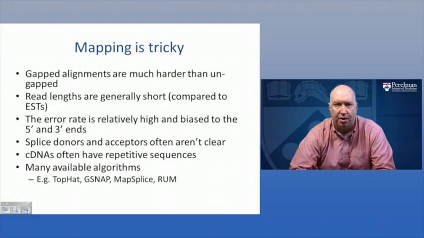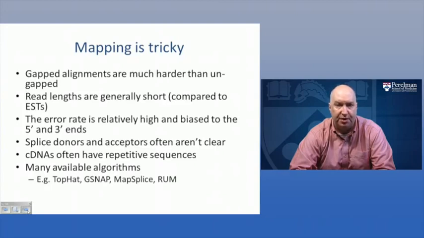They take longer. Confounding this is the observation that most of the read lengths that we're generating with RNA sequencing are relatively short compared to EST sequences. Also, error rates of the high-throughput sequencing are relatively high when compared to Sanger methods, and highly biased to the 5' and 3' ends.